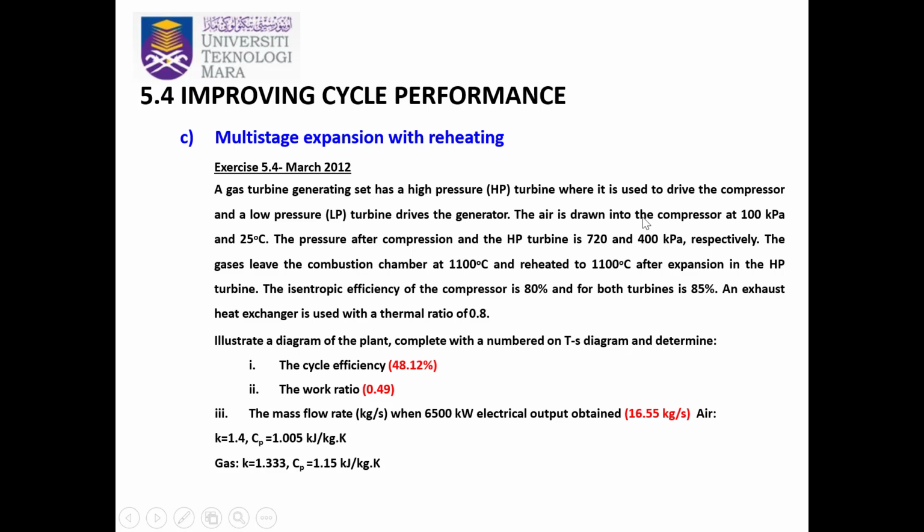Okay, so yang kat sini sebab dia beritahu 6500 kilowatt ni electrical output. Okay, electrical output obtained. Okay, so make sure awak tengok balik kat atas ni lah. Tengok balik ni. Dia punya statement ni. Jangan awak salah pula. Okay, tengok statement dia. So kat sini dia bagi K kat kita, CP dan juga gas punya ni lah. Okay, K tu adalah gas punya.